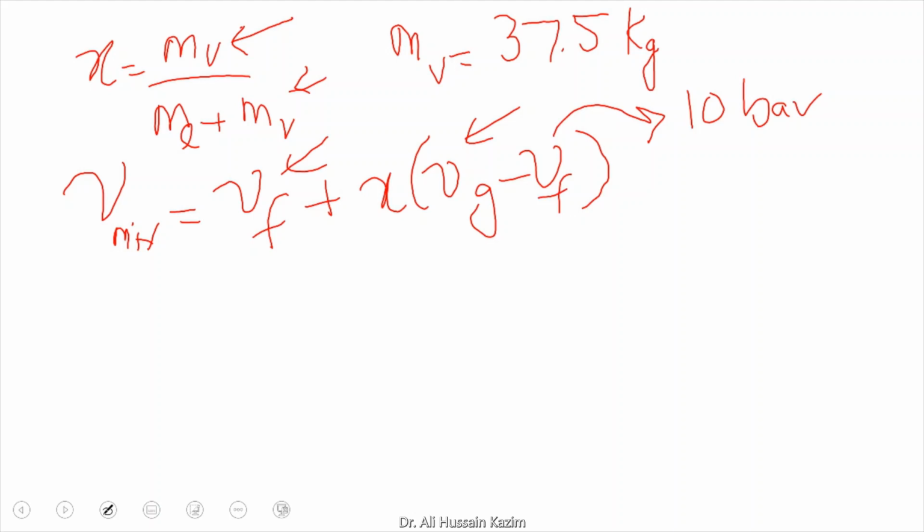Now if we go in the tables, at the pressure of 10 bar, look at the bottommost line for specific volume. We need to find it for refrigerant R22.